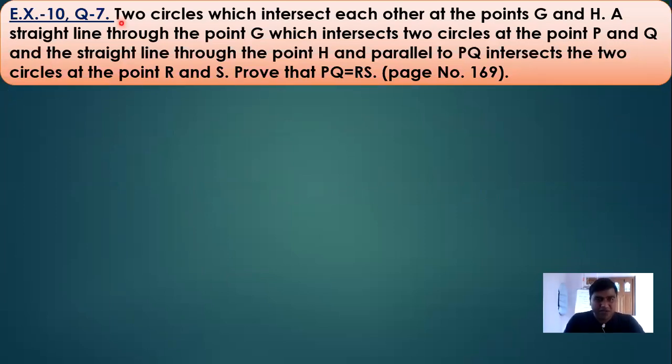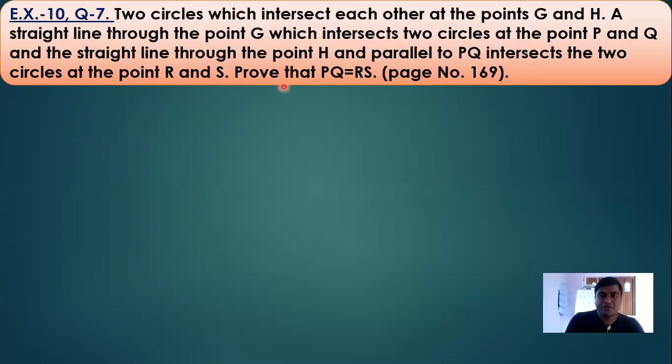The statement of question number 7 is, this is the application: two circles intersect each other at the points G and H. A straight line through the point G intersects the two circles at the points P and Q, and the straight line through the point H and parallel to PQ intersects the two circles at the points R and S. Prove that PQ equals RS. This problem is on page number 159 in your board book.